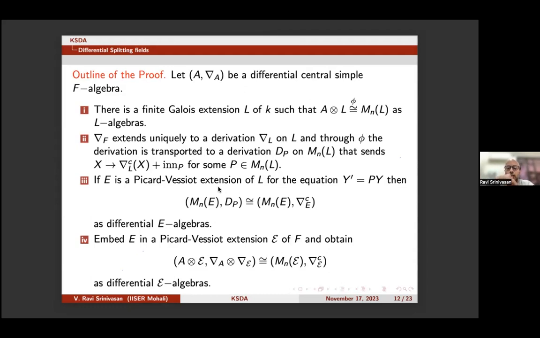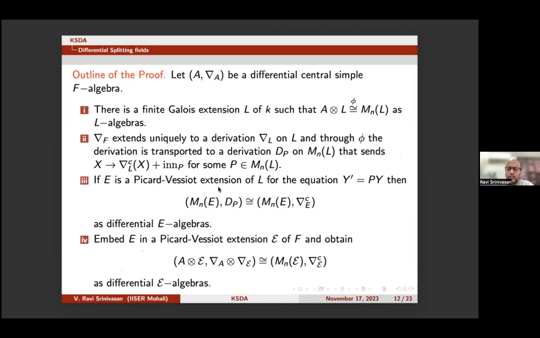Now, to answer Alexei's question, what you do is you take a Picard-Vessiot extension for this matrix differential equation y prime equals Py, and then that Picard-Vessiot extension will split this differential equation and also split M_n(E), meaning in this case the derivation is going to be isomorphic to the coordinate-wise derivation.